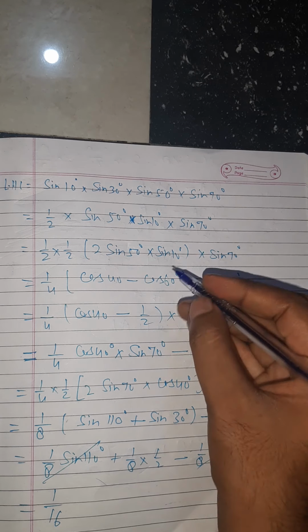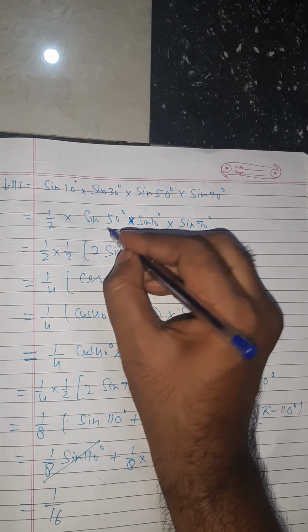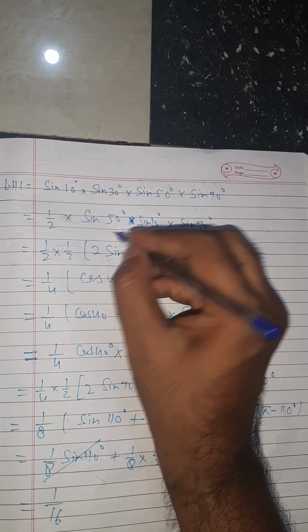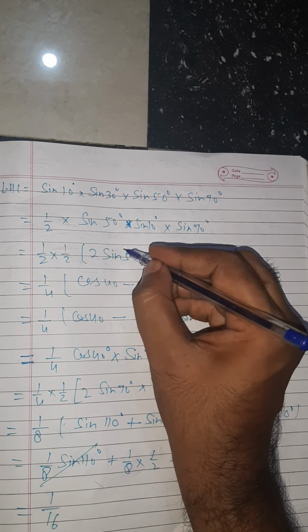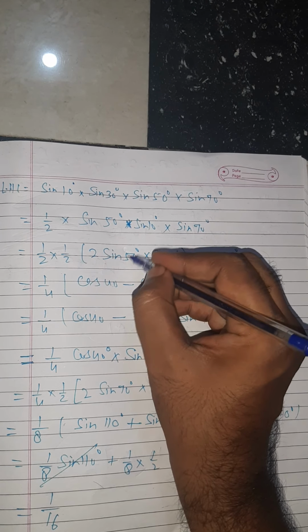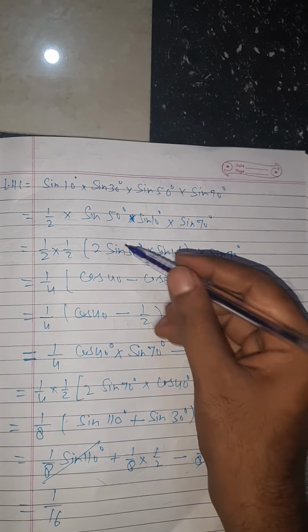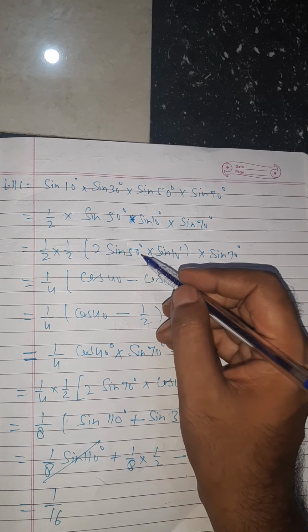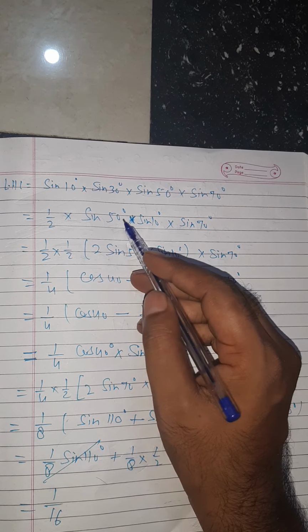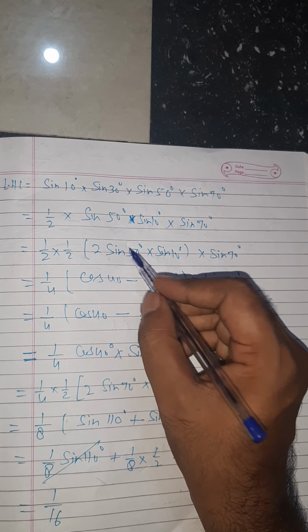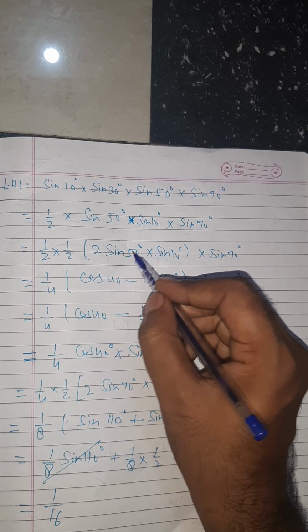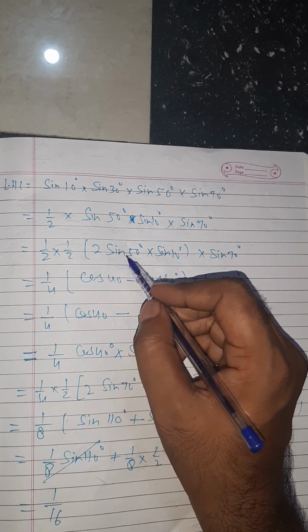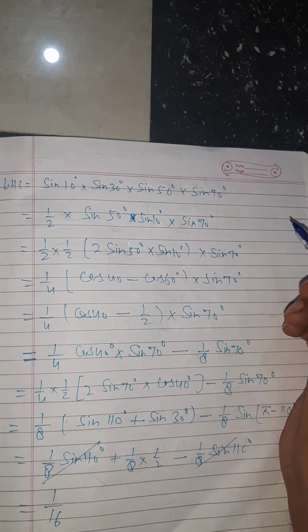Just take it 40, because 50 minus 10 is 40. And suppose in case it is 10 minus 50, then minus 40 will come, and sine of minus 40 would be minus sine 40.